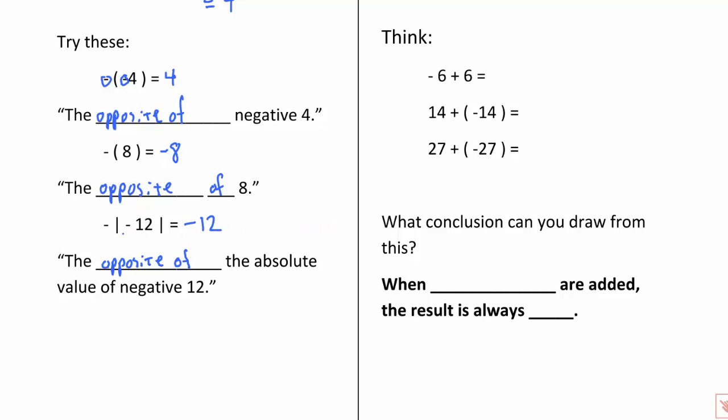So the opposite of the absolute value of -12 is -12. So be careful about this. These two negatives only give you a +4 because there's nothing that you can do with this -4. Down here, you can actually take the absolute value of this -12 before you can use this negative on the outside. It's just the order of operations. That's all this is.